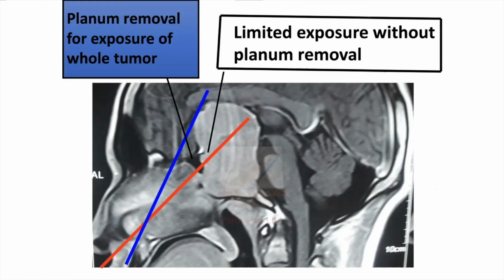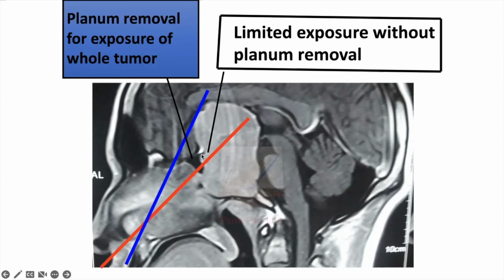This diagram also shows that if there is large supracellar extension, then you need to remove the tuberculum sellae and part of the planum sphenoidale. Otherwise, the anterior and superior supracellar portion of the tumor is difficult to remove, especially if it is fibrous and does not fall.